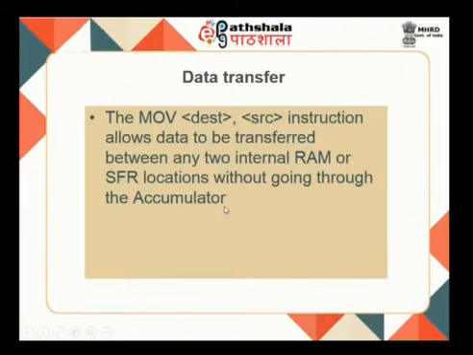So, now the accumulator will not come into the picture because we are not processing it through the ALU. Only when you want to process through the ALU, one of the operands is available in the accumulator. When I am looking at a move operation where nothing needs to be processed, we will directly move from one location to another location.